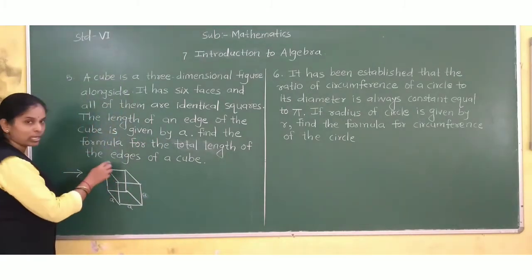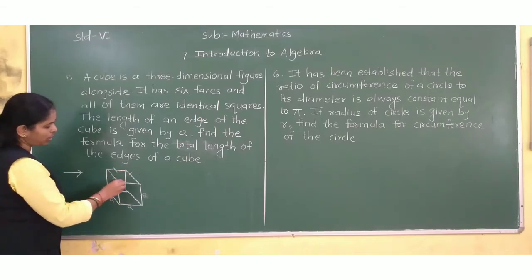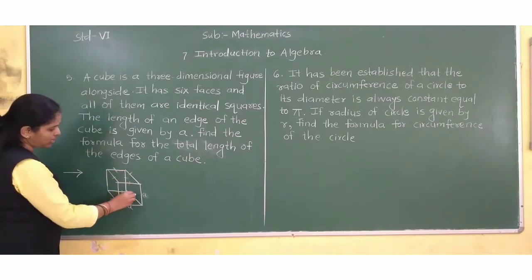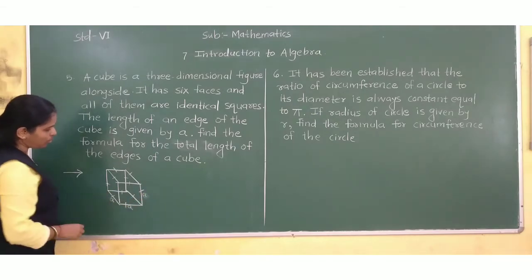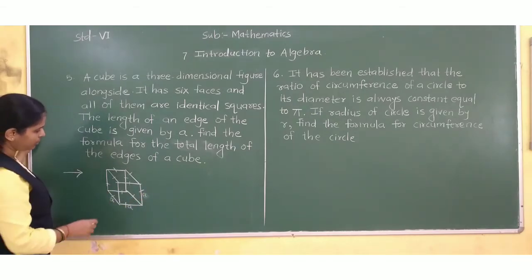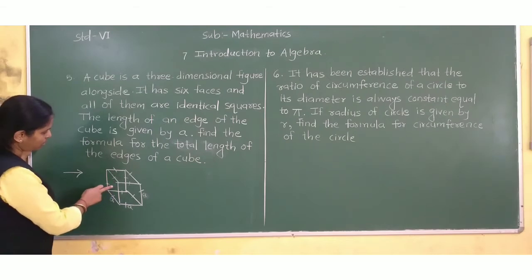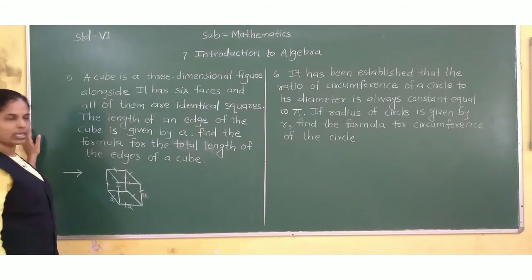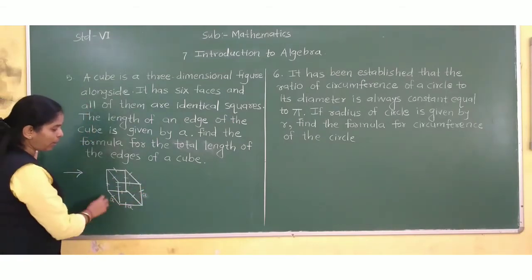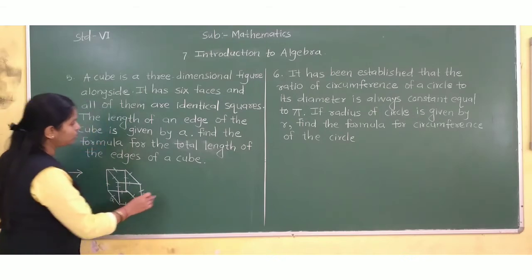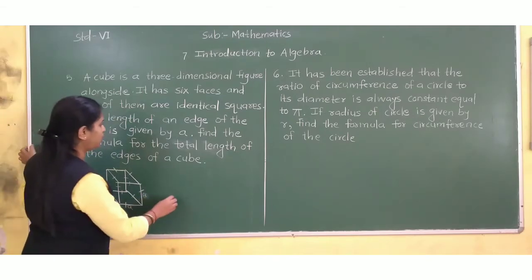You can see from here also. 1, 2, 3, 4, 5, 6, 7, 8, 9, 10, 11. And one more remained. This 12. Correct? So 12 sides. Each side is denoted by A. So what will be the formula?